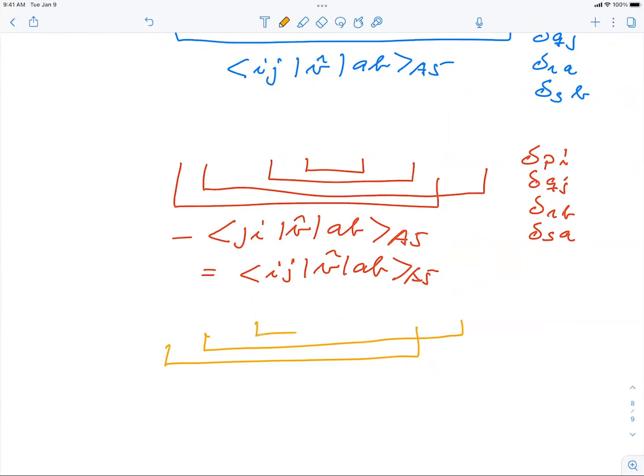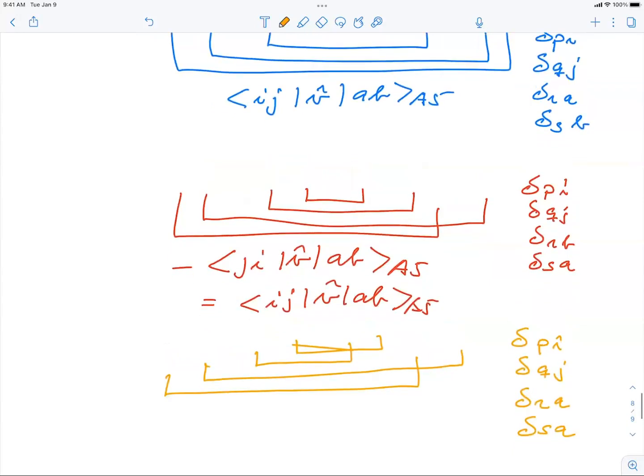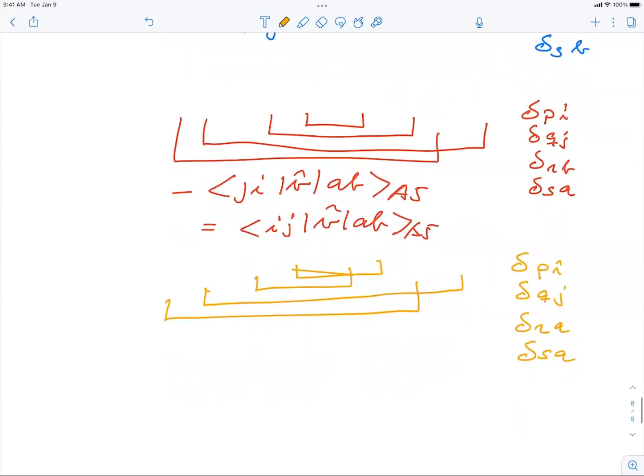So what I'm going to do now is to do this one: A goes to R, and then I let B go to S. Then I'm going to get a term which goes like delta P of I, delta Q of J, and I'm going to have a delta R of A and delta S of B. Sorry, this is B. So I have two crossing lines, minus, minus.